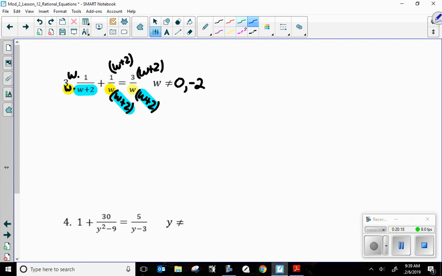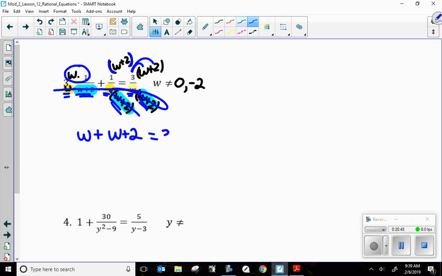Now, look at all the bottoms. Every bottom has a W, W plus 2. W, W plus 2. W, W plus 2. Guess what? Wipe out, they're gone. I only need to worry about the top now. 1 times W is just W, plus 1 times W plus 2 is W plus 2, equals 3 times W plus 2. Don't forget, we need to distribute. 3W plus 6.